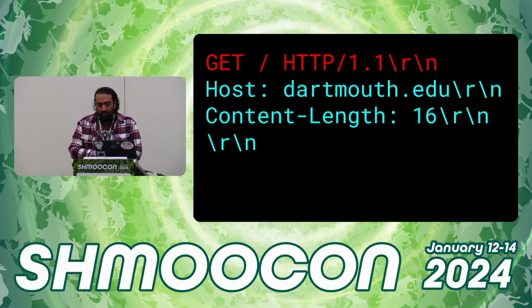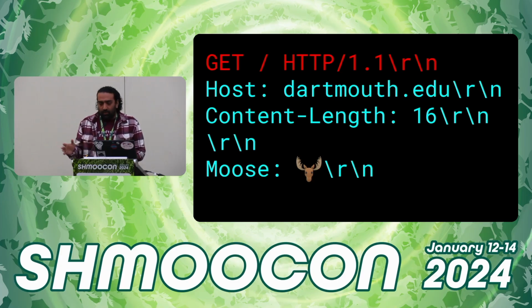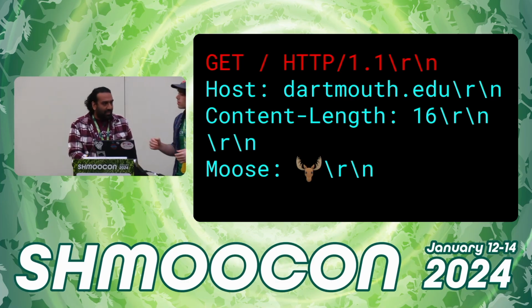And then content length over here is a special header, and what it does is that you say how many bytes are going to follow. Content length is going to say how many bytes are going to be there in the body, and moose over here is just a random header, so you can also have these specialized headers that the server is going to do nothing about. The client can put anything in there in terms of headers.